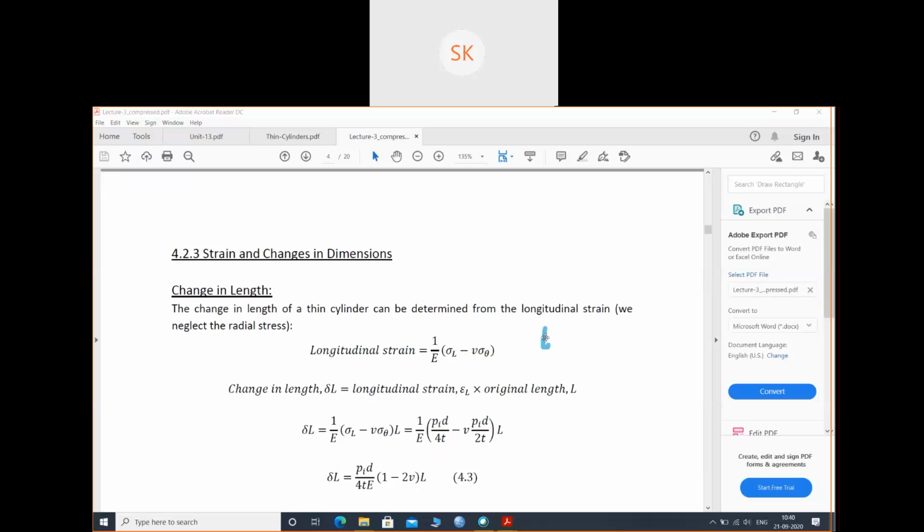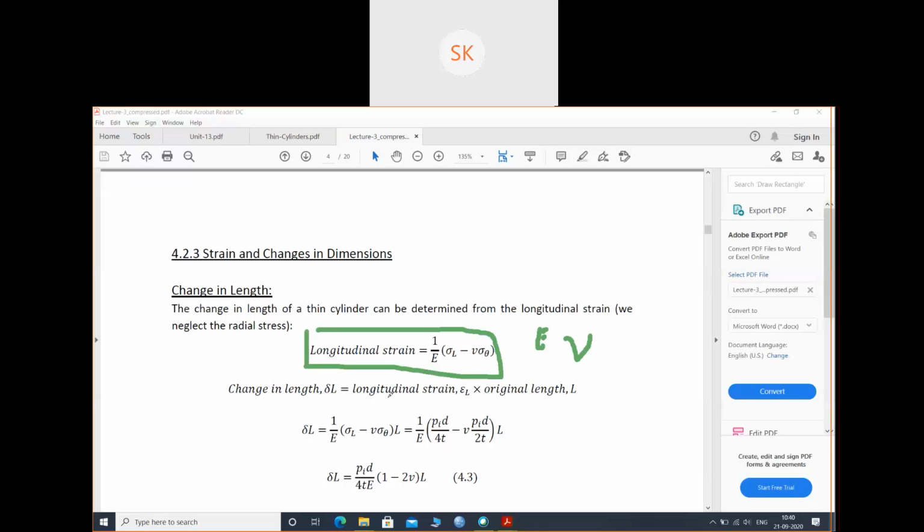E is your Young's modulus, and mu is your Poisson's ratio. This is the general formula you have to remember for longitudinal strain.